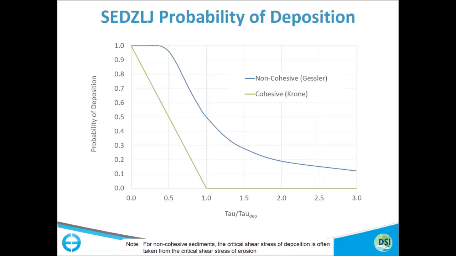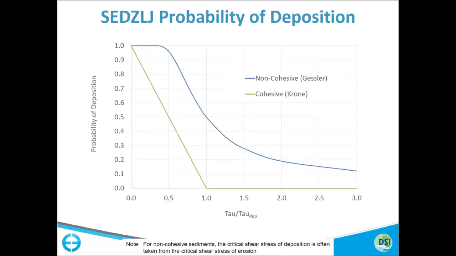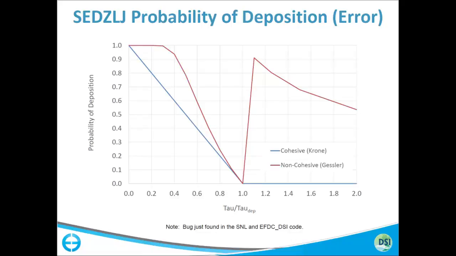Now, this is the function that was in EFDC up until 3 days ago. For the cohesives it's the same, no difference, but for your probability of deposition for the non-cohesives, it's this red line.